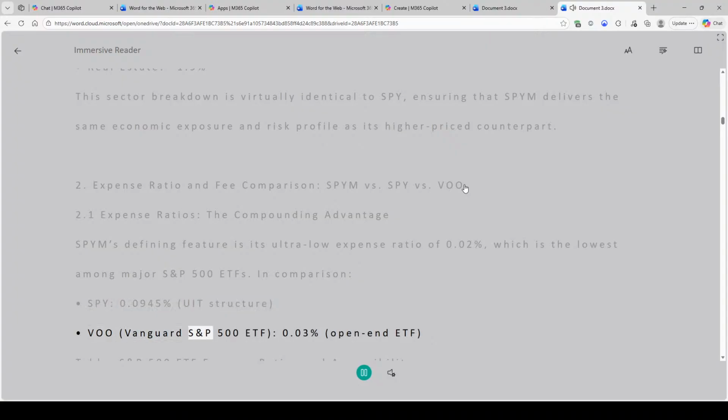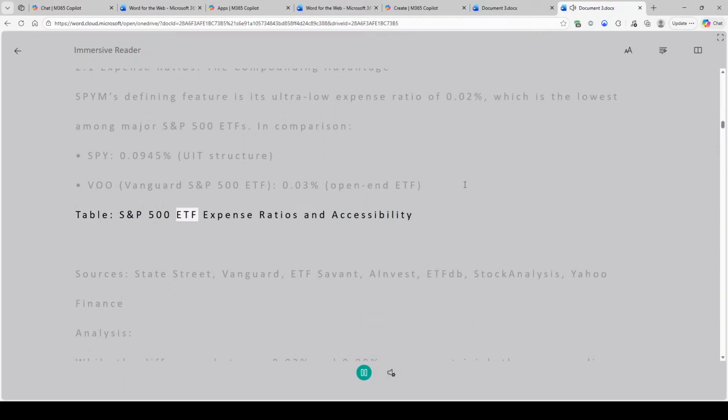VOO, Vanguard S&P 500 ETF, 0.03%, open-end ETF. Table, S&P 500 ETF expense ratios and accessibility. Sources, State Street, Vanguard, ETF Savant, A-Invest, ETFDB, Stock Analysis, Yahoo Finance.